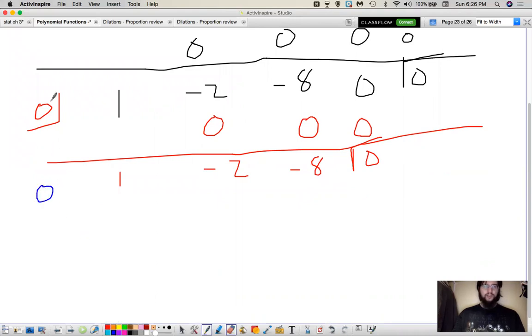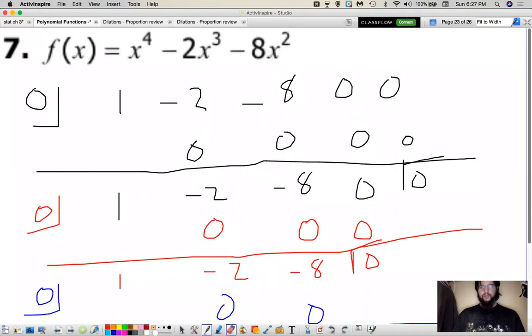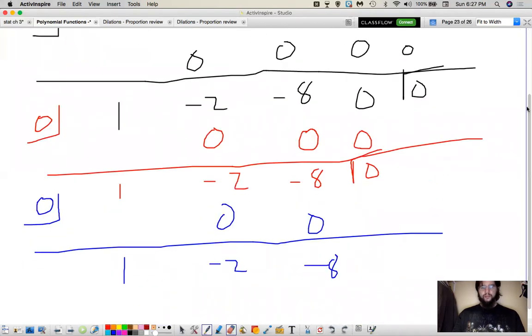So far, I have a multiplicity of 2 because it worked twice. -8 will be my remainder. That's not working. That's not a remainder of 0, is it? So 0 did not work. That means our multiplicity of 0 is 2.